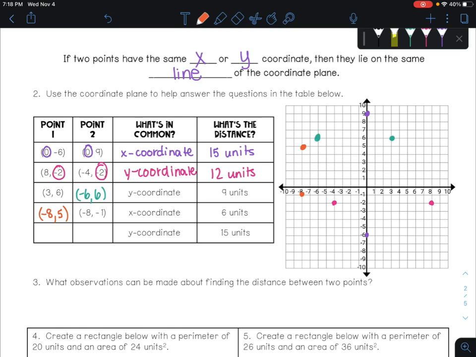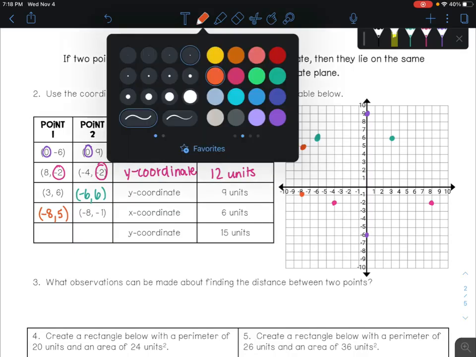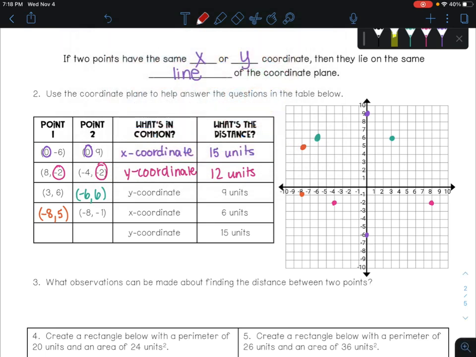Okay? And our y coordinate, that's going to be 15 units apart. So anything with the same y coordinate that's 15 units apart. So that's pretty broad. So maybe we can do, let's pick a y coordinate. How about -9? So if -9 is my y value, then I have to be here on -9. They both have to have it.